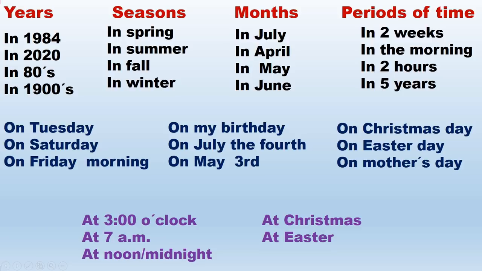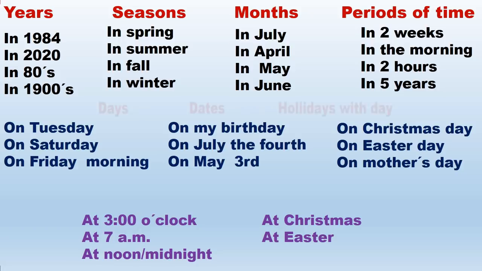And if you're talking about months, it is pretty much the same. You use in July, in April, in May, in June. And the last one, periods of time. If you're talking about a period of time, you're going to use in. Example, see you in 2 days. See you in 2 hours.